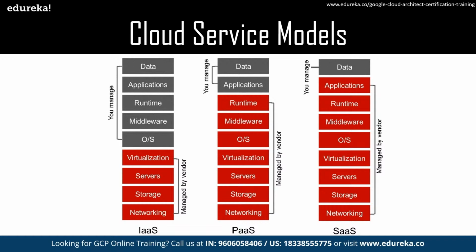This kind of architecture or service model is called infrastructure as a service, right? Here, the basic infrastructure is given to you on a platter, and you decide what kind of applications, middleware, runtime, operating systems you want to use on top of it, right?